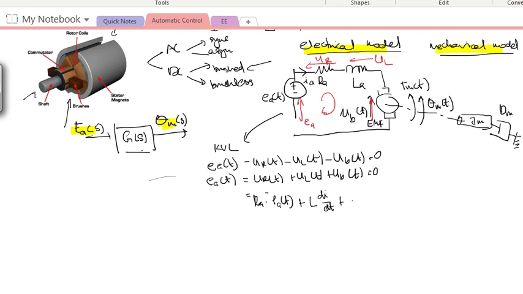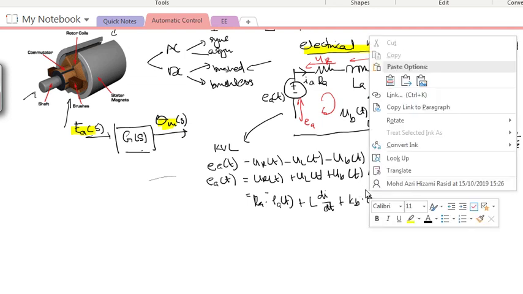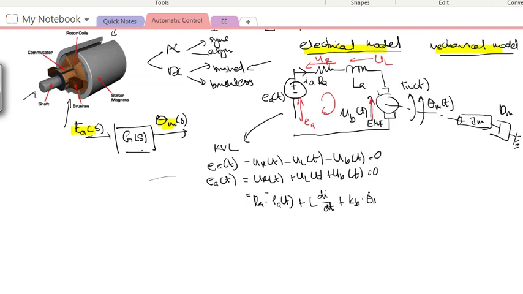UBT, the back EMF, is basically proportional to the speed of the motor. So it equals KB multiplied by theta dot MT, where KB is the back EMF coefficient, proportional to speed.